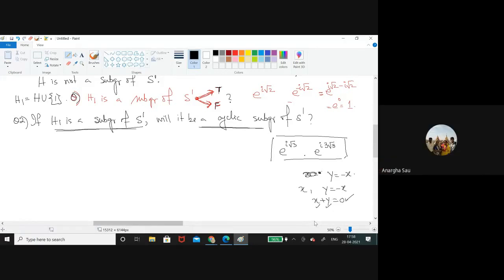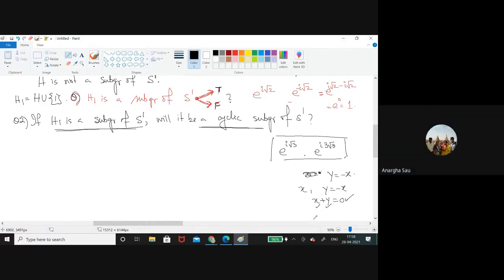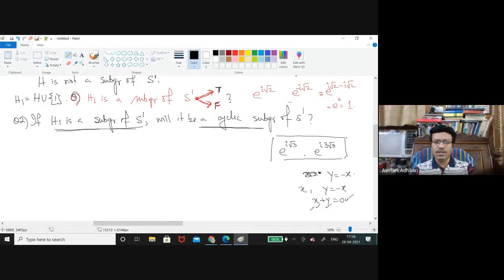Then zero is actually present there. Where? All the things are happening in the exponent, mind that. And that makes e to the power 0 equal to 1. Clear?